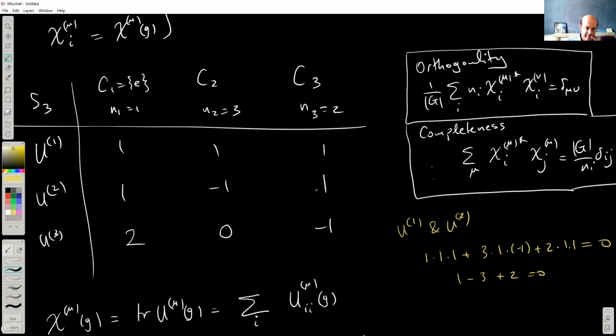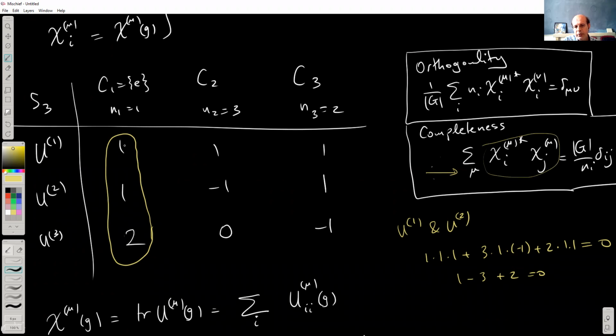I don't want to continue with this, but I can easily show the other ones. So, the sum of the squares of each column. This is basically the normalization for the completeness. So columns give us this completeness relationship. When i is equal to j, what you have inside is basically the sum of the squares in here.